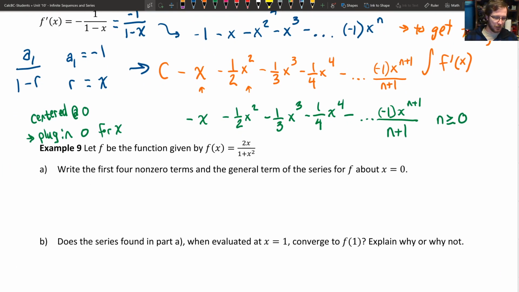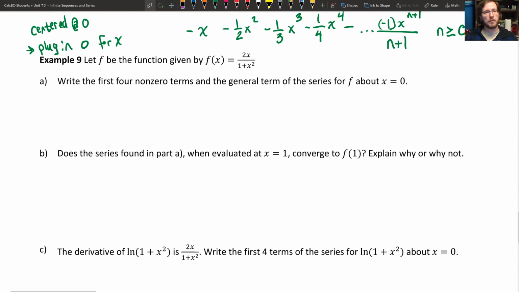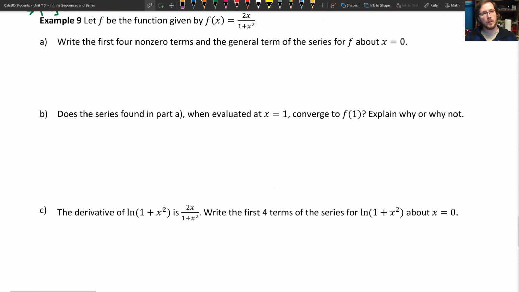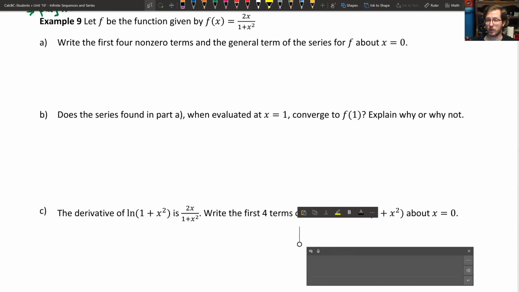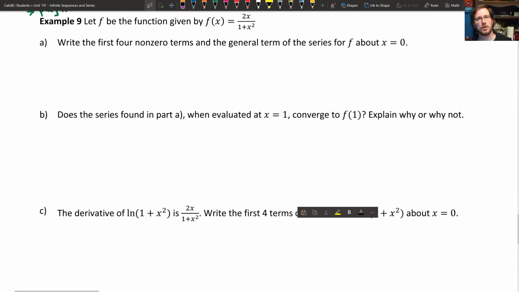One left. Example number 9. It says let f be the function given by f of x equals 2x over 1 plus x squared. So we have another rational function there. Part A says write the first 4 non-zero terms in the general term of this series for f about x equals 0. Okay, let's do it.